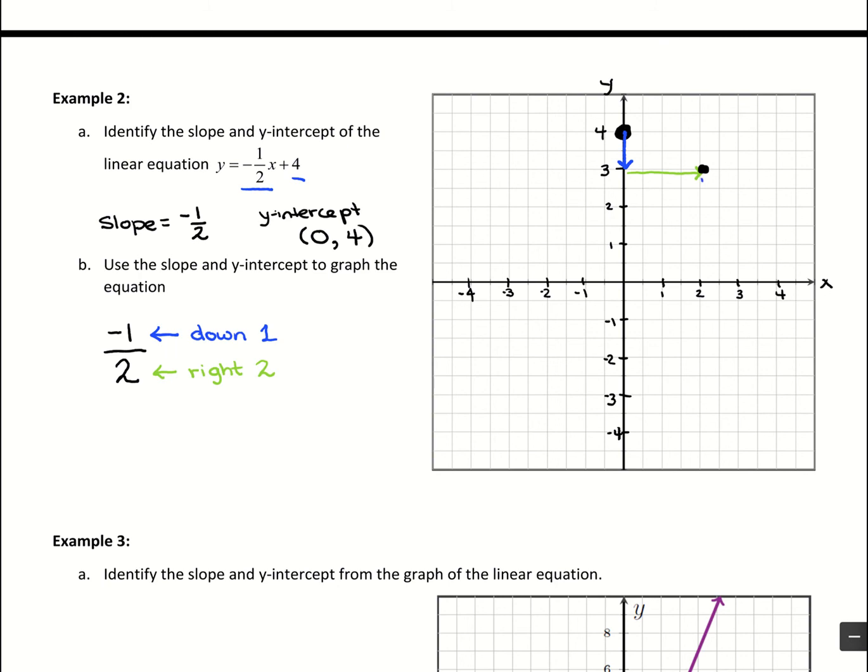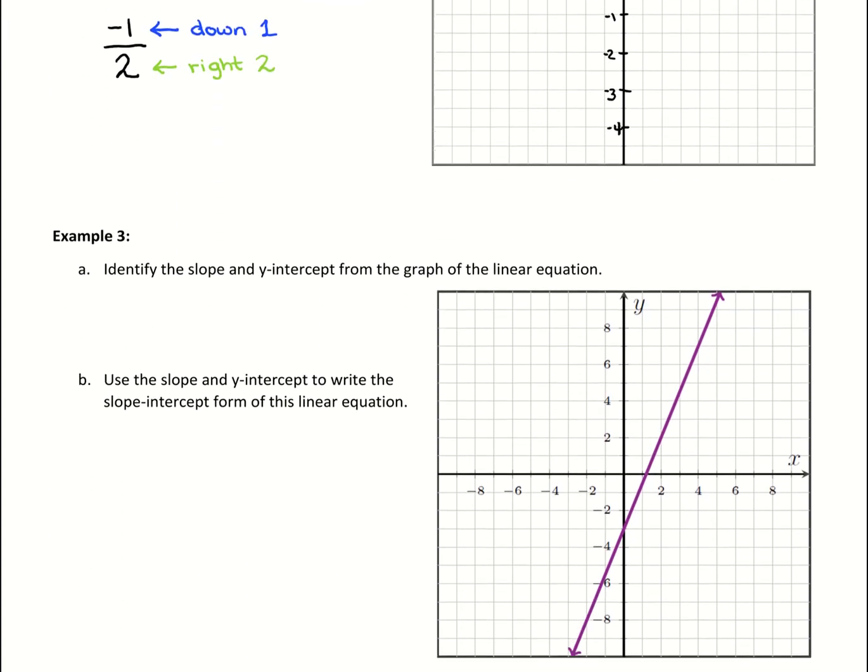However, we could keep mapping the slope down 1, right 2, and we could get out more coordinates if we wanted to. But then we connect those with a line. And there's a graph of y equals negative 1/2 x plus 4. So start with your intercept, and then just follow the map that the slope gives you of moving up, down, left, and right.